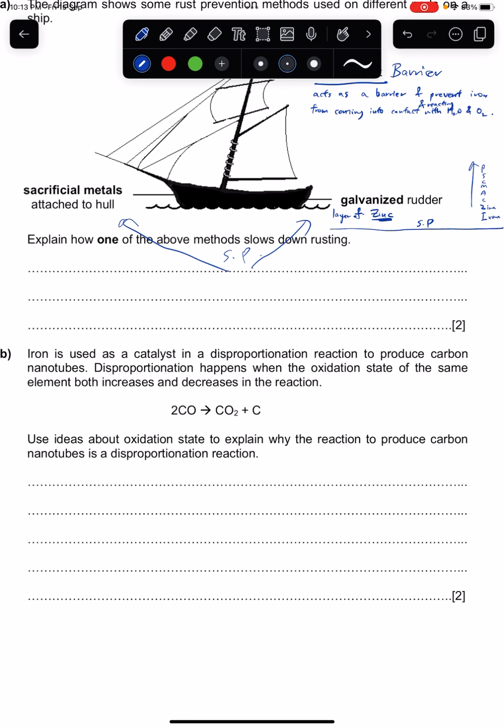So I will tell them, in this case, I will say the sacrificial metal, you don't need to give me what the metal is, is more reactive than iron. Cannot stop there, and loses its valence electrons more readily. The other side would be similar, but instead of sacrificial metal, I will say zinc.